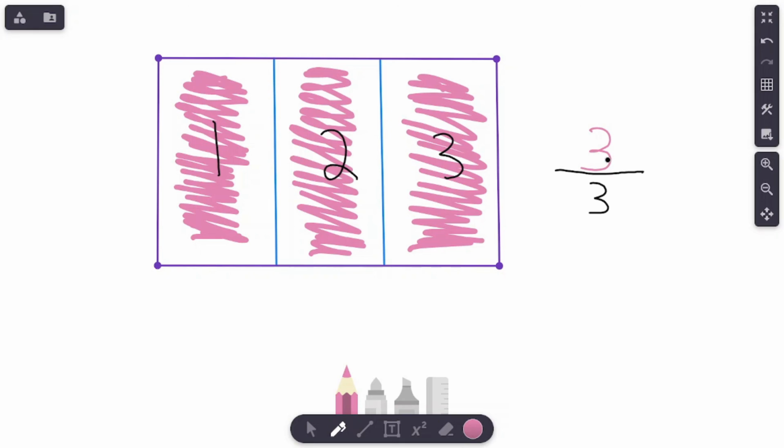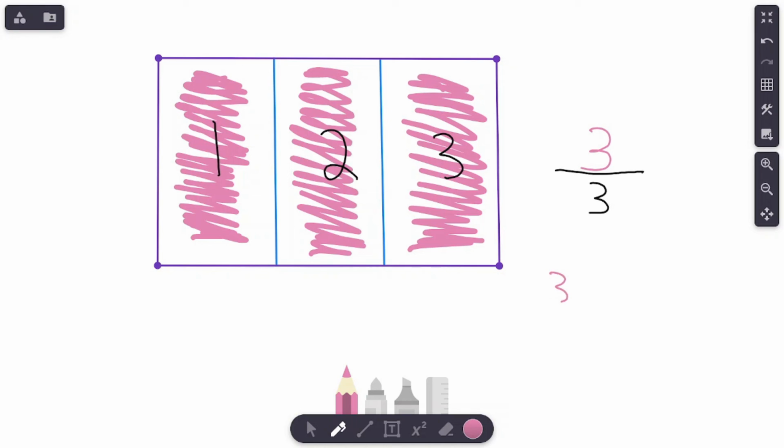Does anybody remember what the top of a fraction is called? Numerator. Yeah, I know some of y'all said it. Numerator. All right, numerator. And we're going to talk about that more in a moment. But to understand what this means, the way that you can say this is 3/3. Can you say that? 3/3.